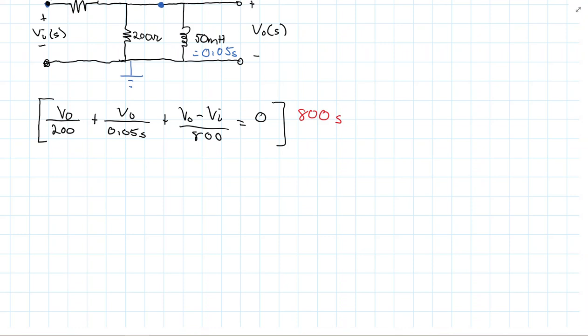So on the left-hand side, starting on the left here, well, 800 divided by 200 would get me 4.